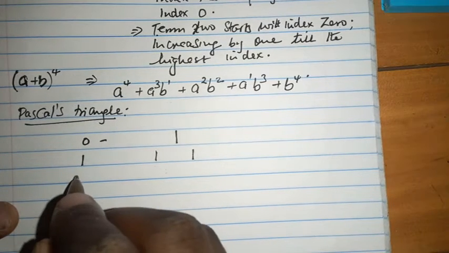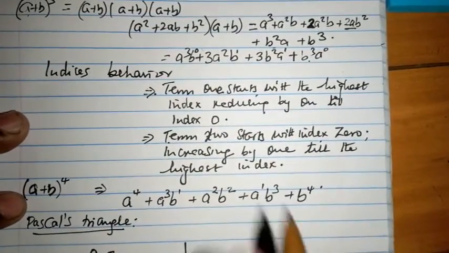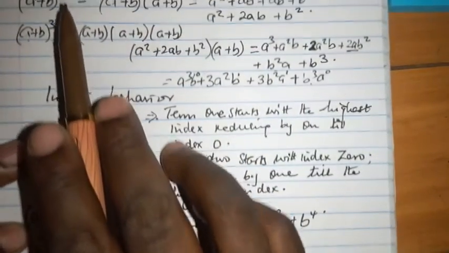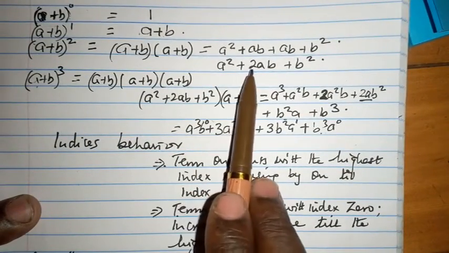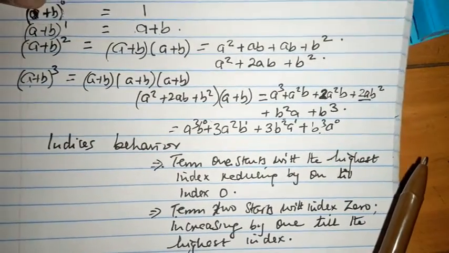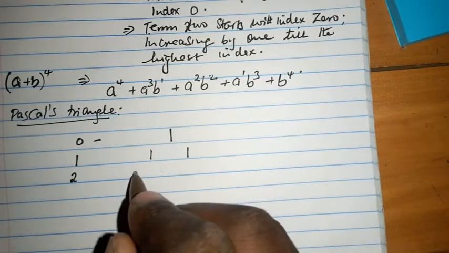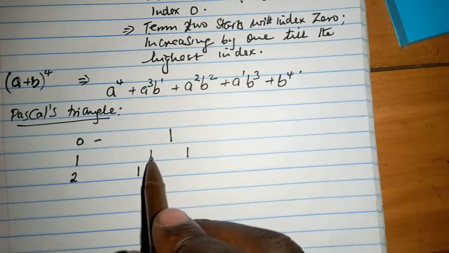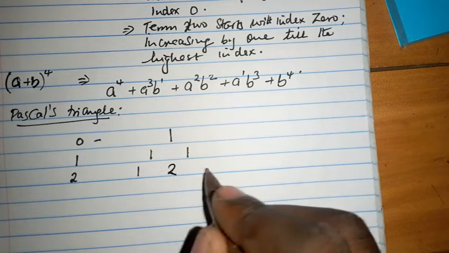But what about when we raise it to power 2? We have the coefficients here, as you can see, 1, 2, 1. How does Pascal's triangle ensure that those are the coefficients? We always start with 1. When we add 1 plus 1, we get 2, and we always end with 1.